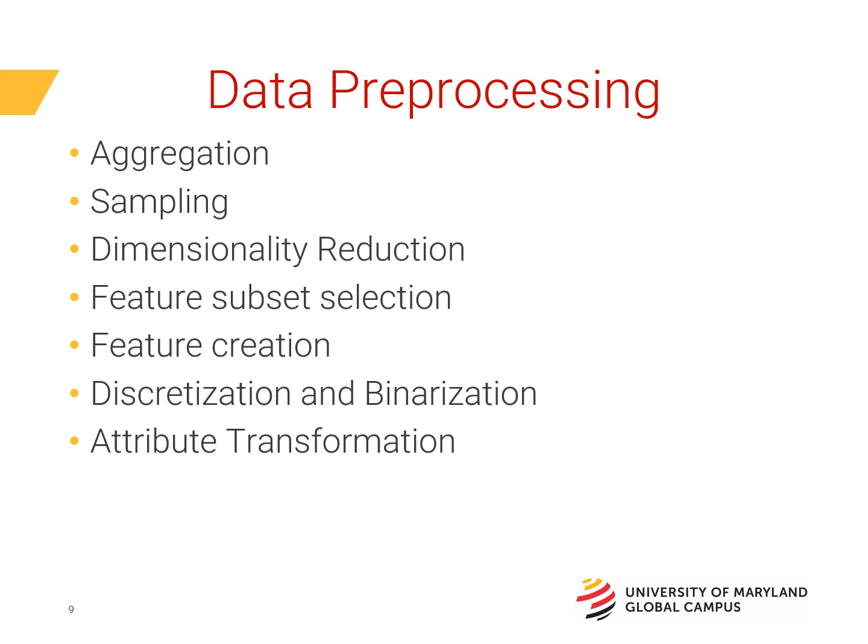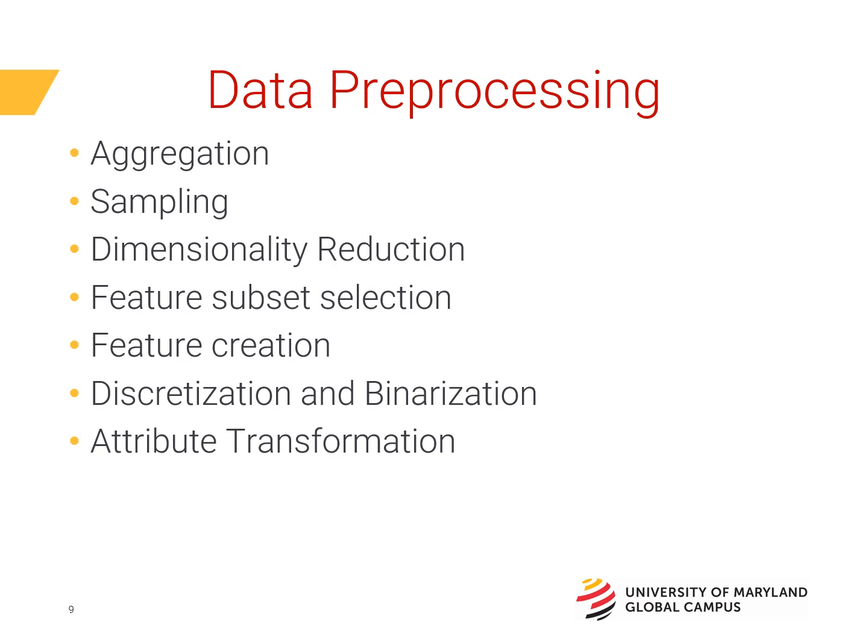Aggregation, so this is some way of combining multiple variables or summarizing variables. Sampling is taking a subset of it. Sometimes if you have a large number of variables, you may need to reduce dimensionality.